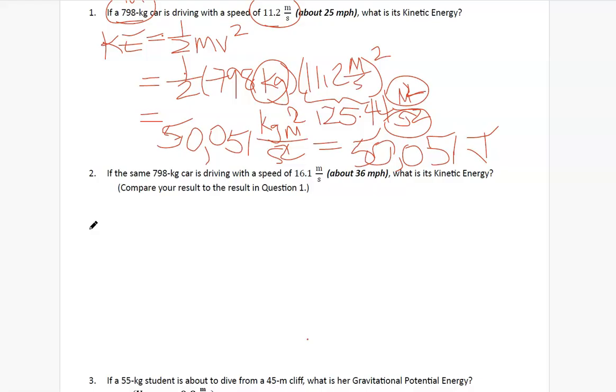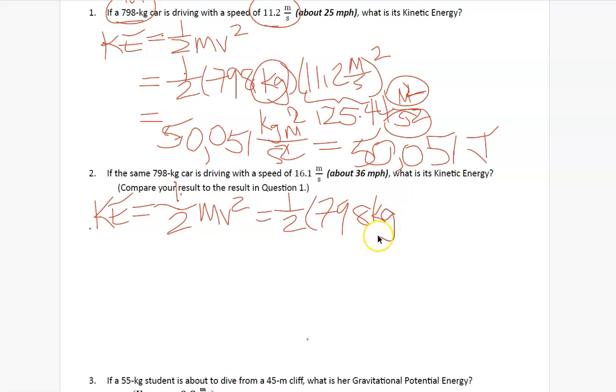The formula is still the same formula. The mass is still the same, 1/2 mass times speed squared. We plug this in, 1/2 798 kilograms, just like before, and we've got our 16.1 meters per second speed. We have to square that.